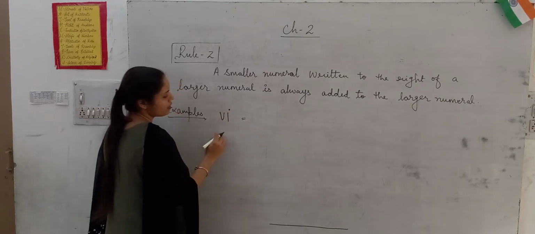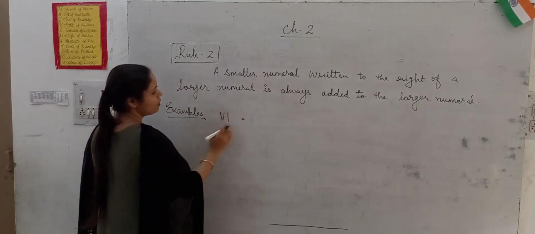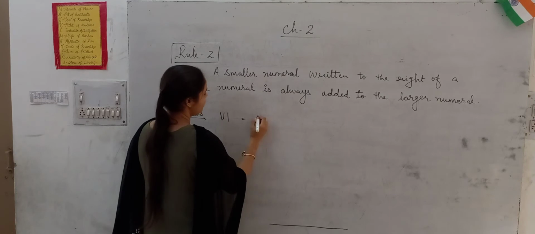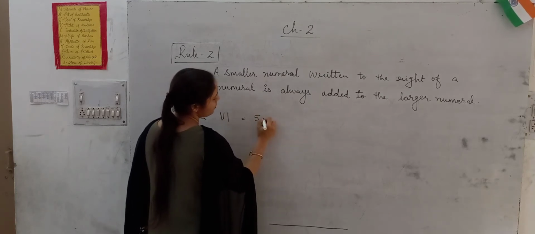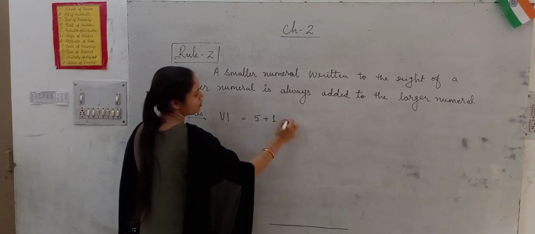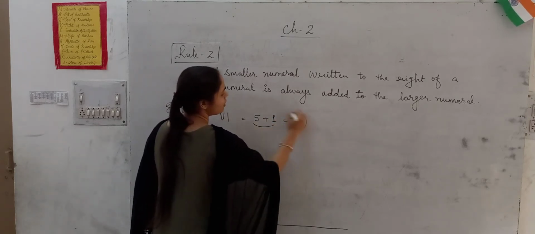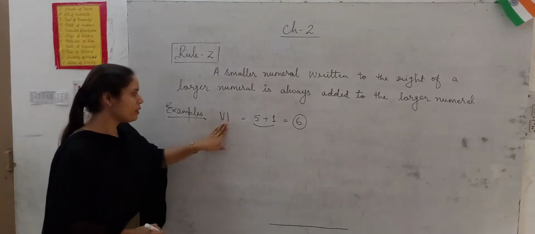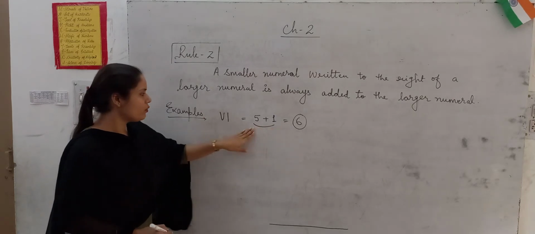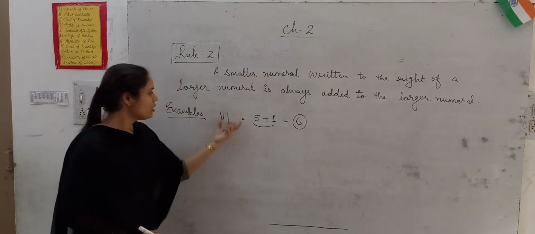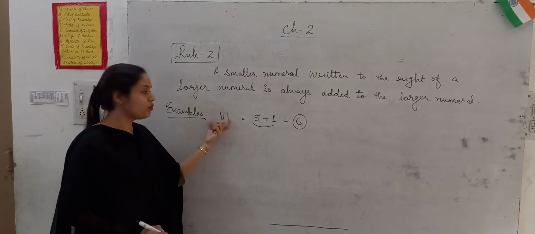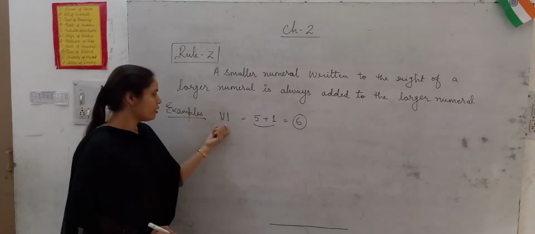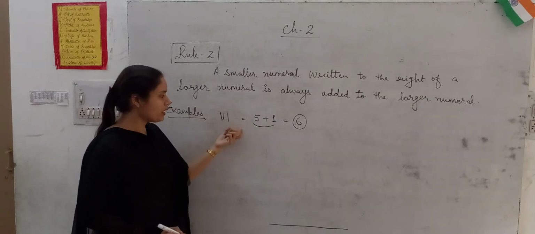The smaller numeral is written on the right side of the larger numeral, so we will add it. V means 5 and I means 1, so it makes 6 in Hindu-Arabic numerals. Clear? The smaller numeral is added to the larger numeral if it is written on the right side.